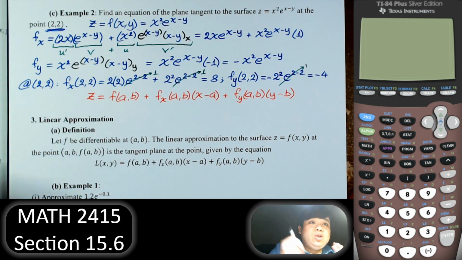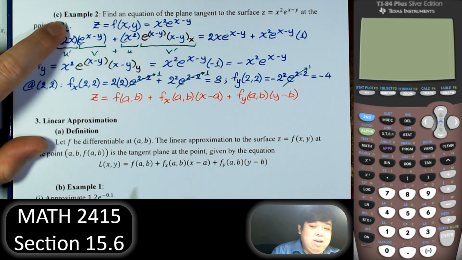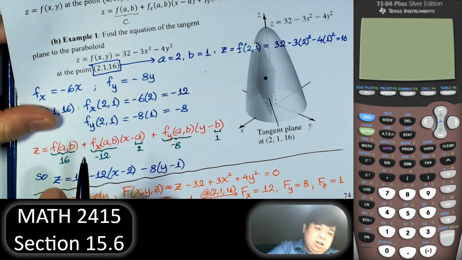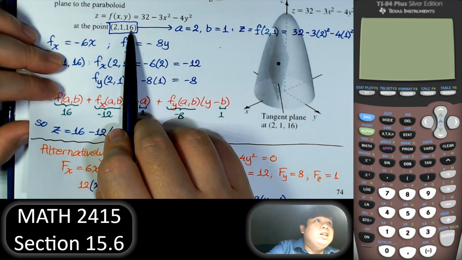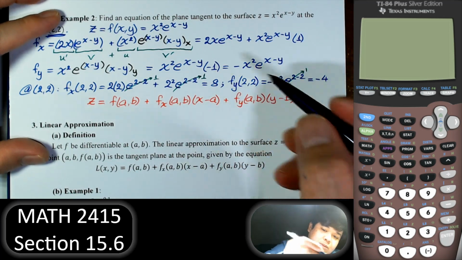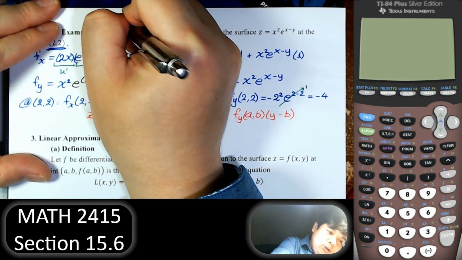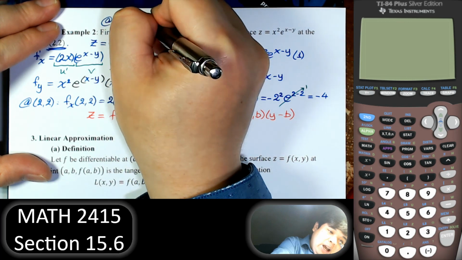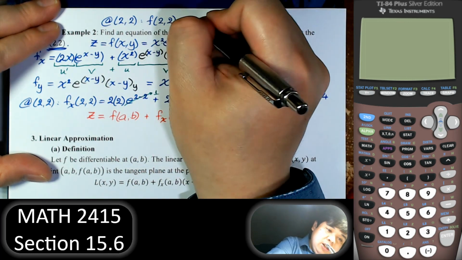The difference between this one and the previous one is we are only given x and y, we don't know the z value. In the previous problem, we knew the z value. So here we have to calculate. So I'm going to write here at 2 and 2, f of 2 and 2. I'm going to put 2 here.